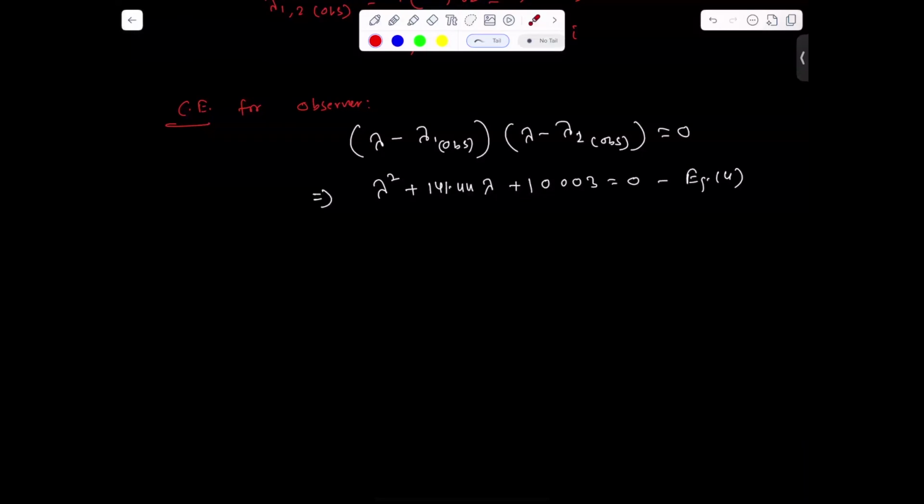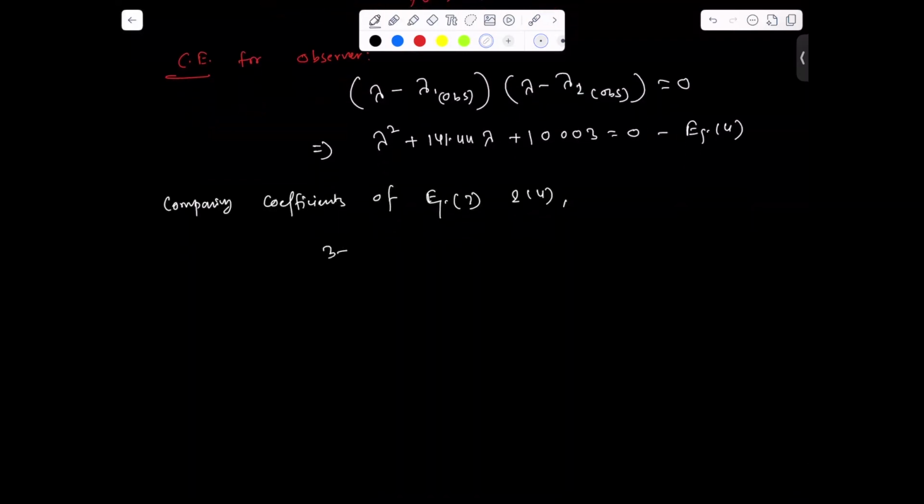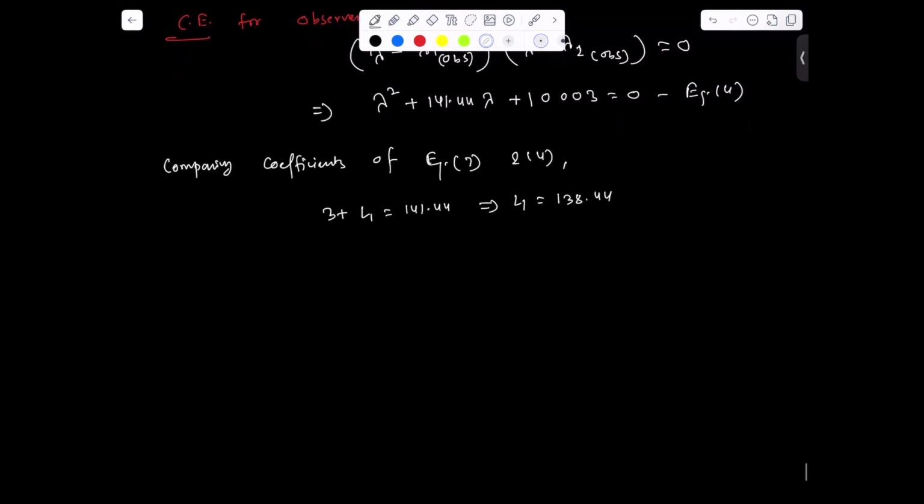So now, comparing coefficients of equation 3 and 4, we have 3 plus L1 equal to 141.44, and from this we are getting L1 equal to 138.44, and 8 L2 equal to 10003, and from this we can find L2 equal to 1250.37.